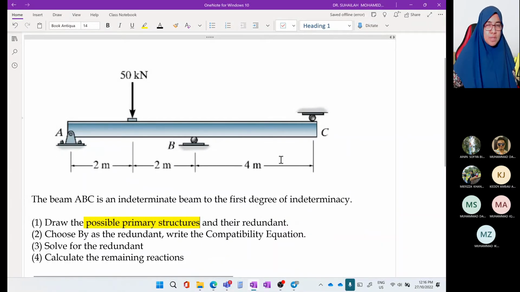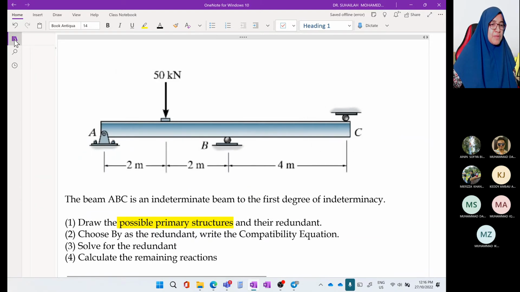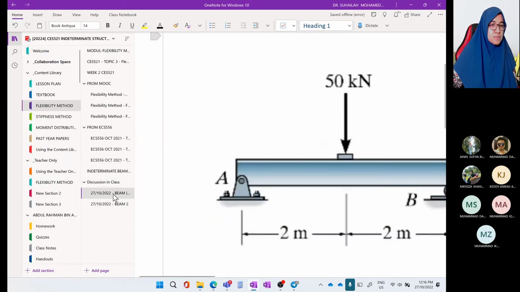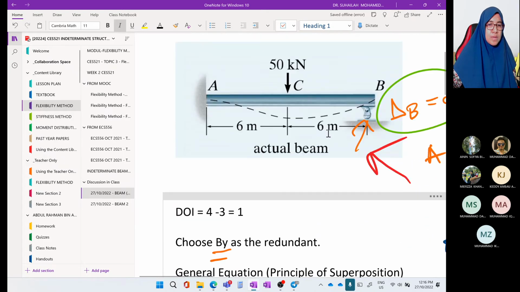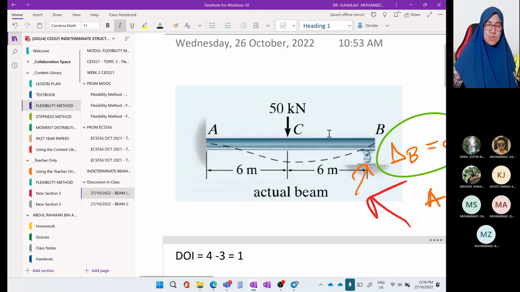Based on the redundant that we chose, we get either a cantilever beam or a simply supported beam. Referring to the previous example, we call the determinate beam a possible primary structure.